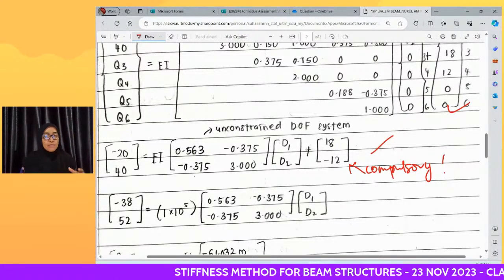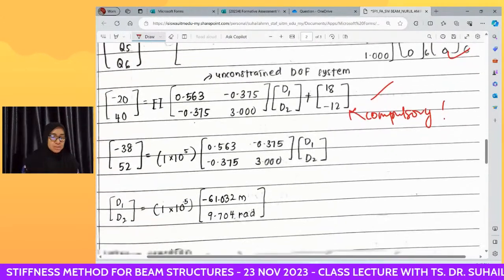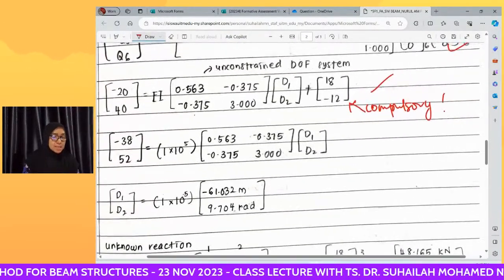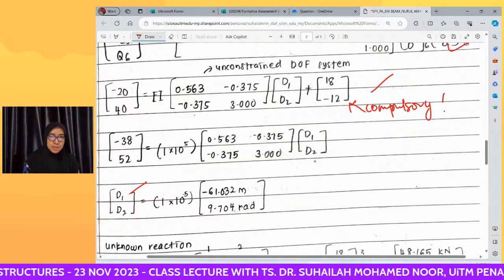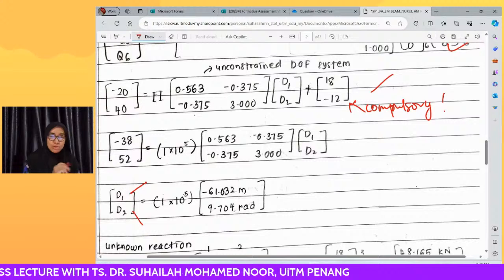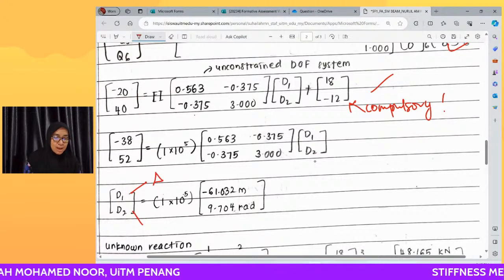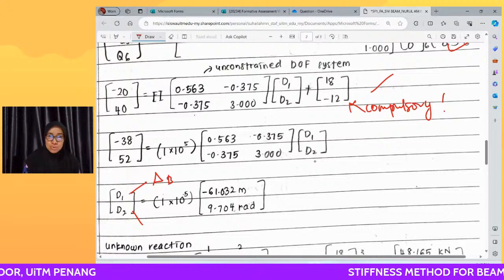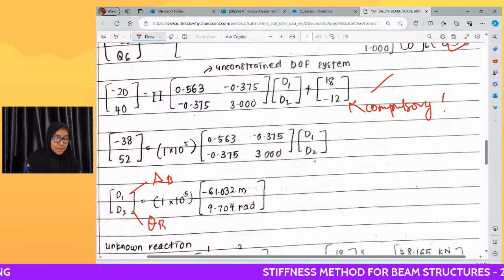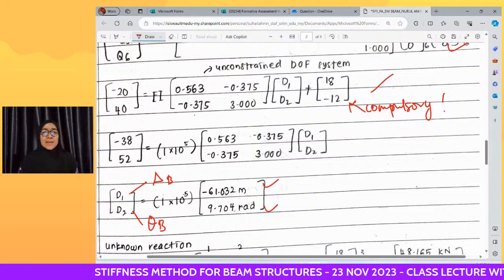So solve this using simultaneous equations. D1 refers to vertical displacement, D2 refers to rotation. So D1 is actually delta at B, D2 is actually theta at B. That is why one is in radian, another one is in meter.